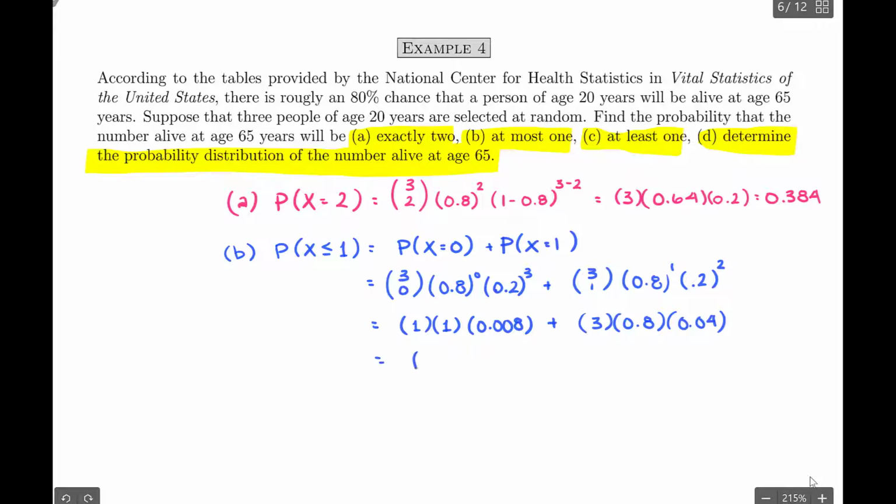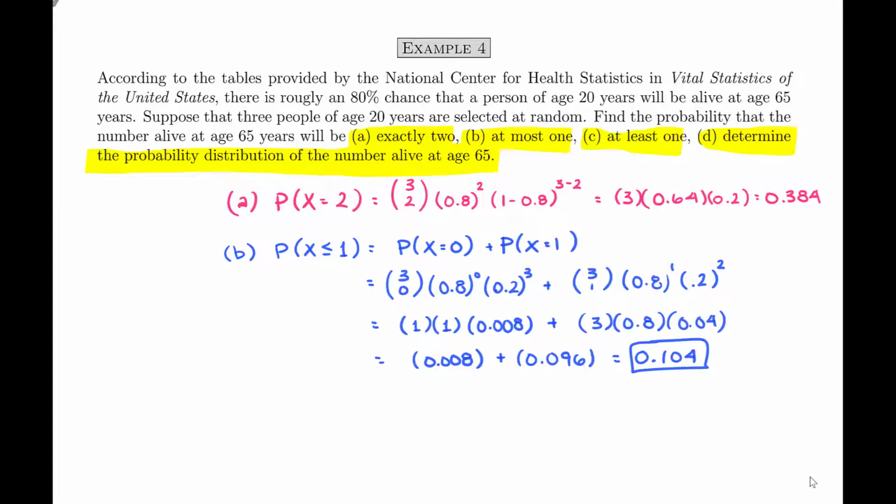Multiply these together, we get 0.008 is the probability that x is 0, and then the probability that x is 1 is 0.096. Add those together, 0.104. So that is the probability that x is less than or equal to 1. So you could have 0 people or 1 person alive. There is a 10.4% chance of that occurring.